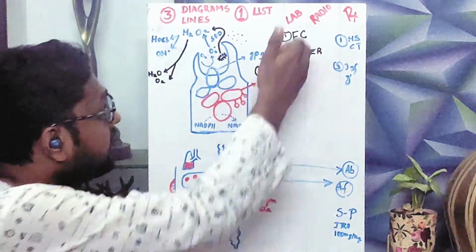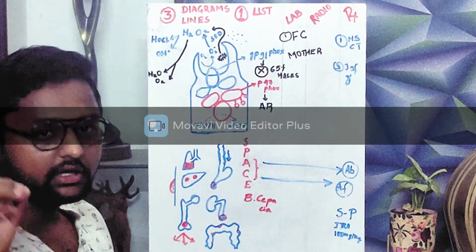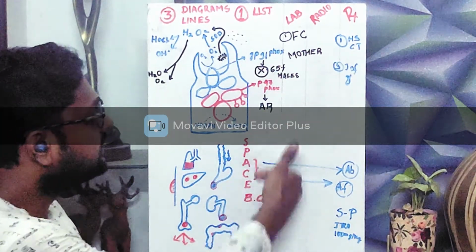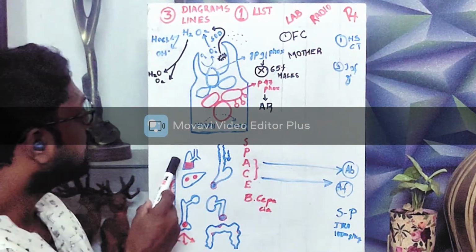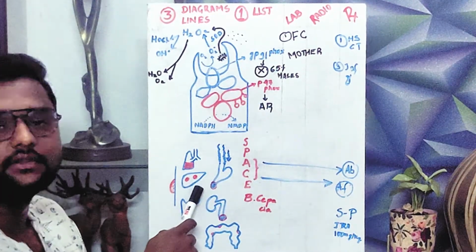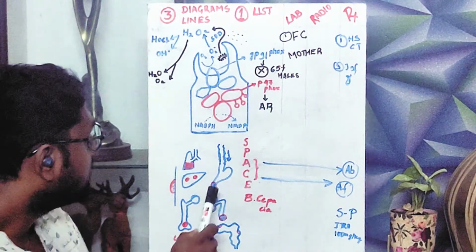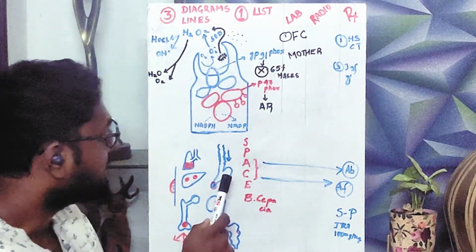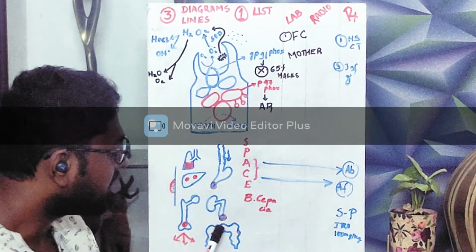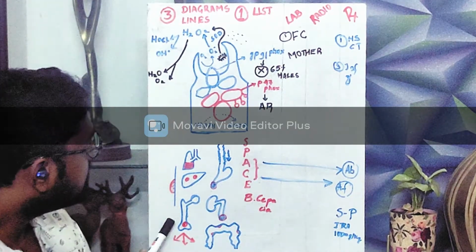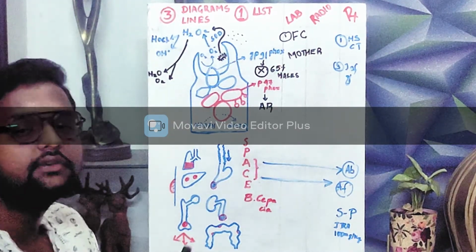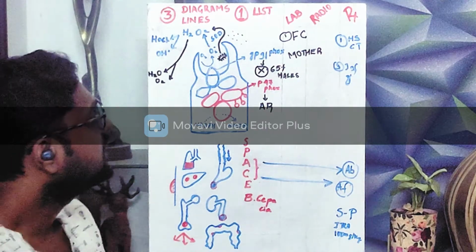What about the rest of the investigations? We can derive it from this picture itself and the list itself, since we have chest infection, chest X-ray, liver abscesses, USG, and that can also pick up the pyloric stenosis, right? And then biopsy from the granulomatous sites, and then X-ray of the bones and joints, wherever the infection is suspected.